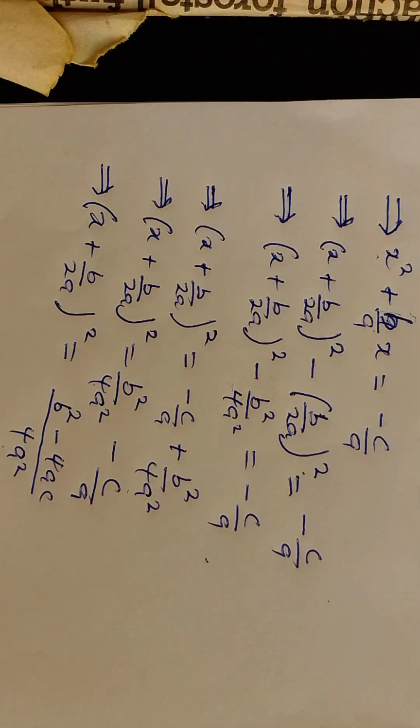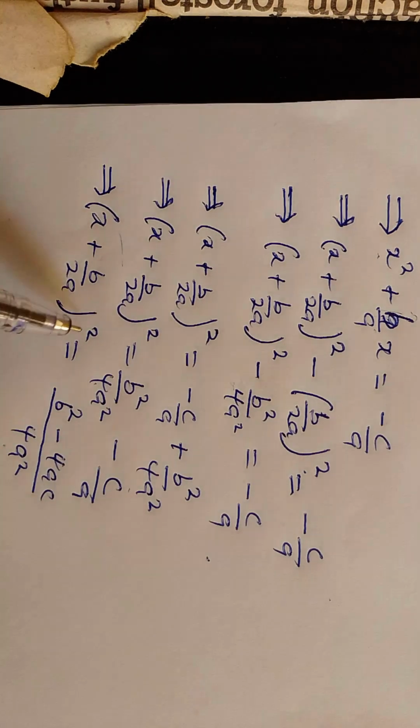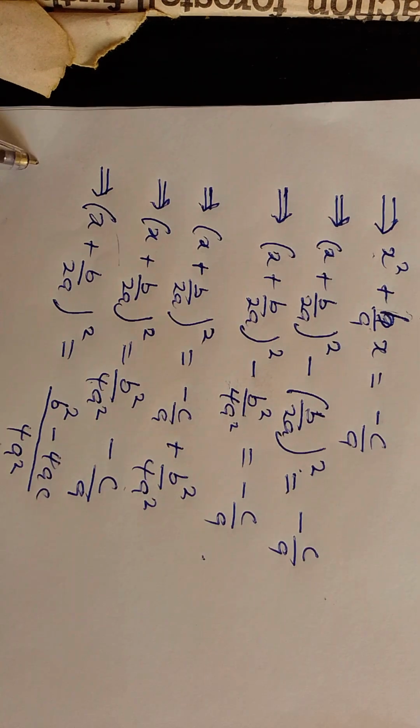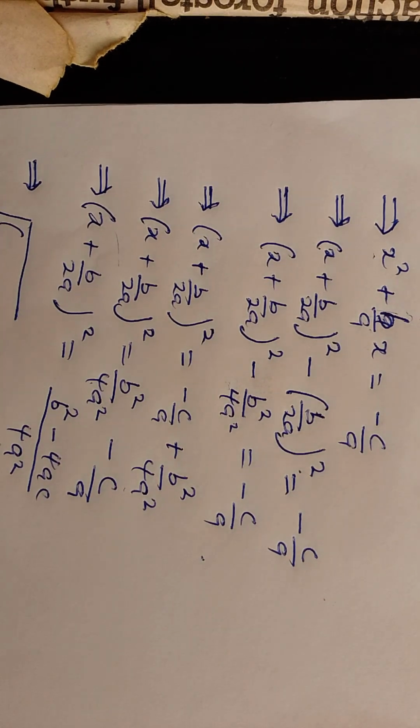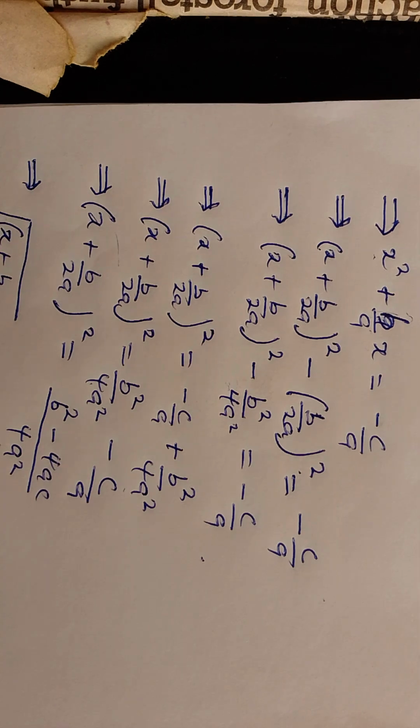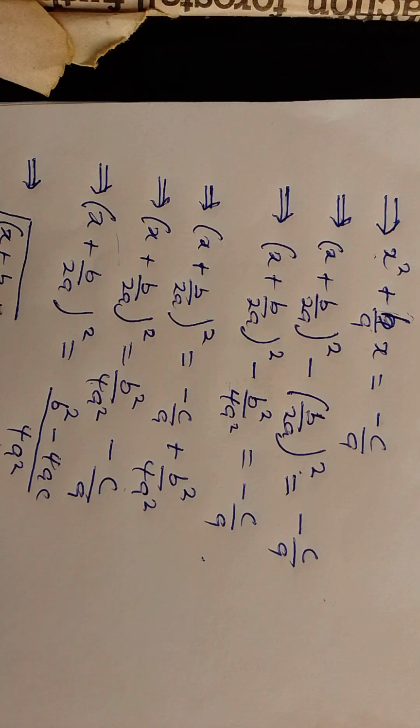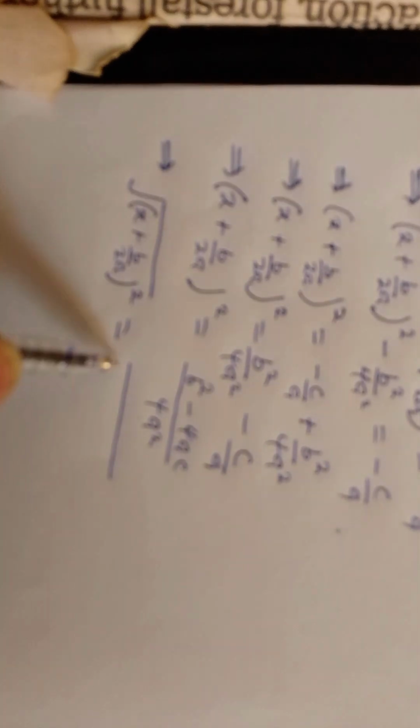That's cool. So now I can find the square root of both sides so that I can eliminate the square here. So I'll be having square root of x plus b over 2a squared equals square root of b squared minus 4ac over 4a squared.